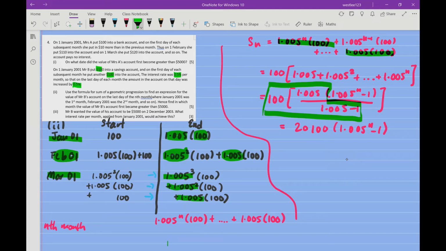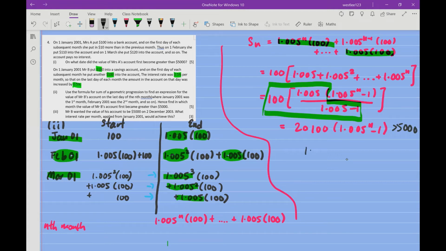So we want to find out, in which month did the value first exceed 5,000? So this is Sn. We want it to exceed 5,000.